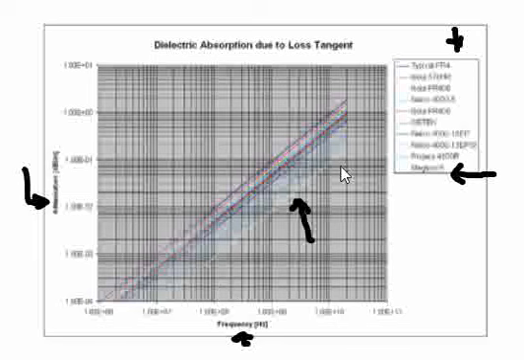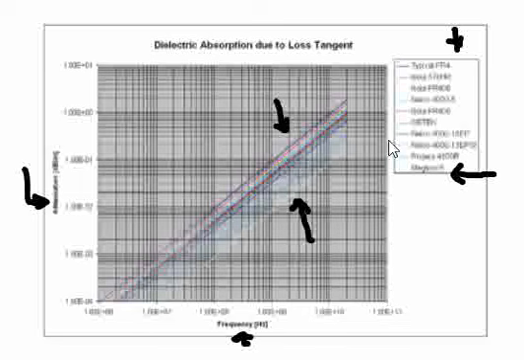which has the lowest losses here, whereas the Isola 370HR, which we talked about, right, this has higher losses. And then as we go on, from Isola 370HR to Nelco material, Nelco 4000, or if we are going to some other series in Nelco or Rogers, the attenuation has improved.